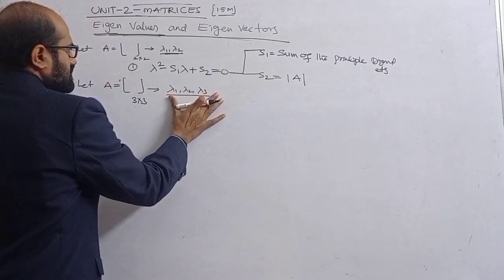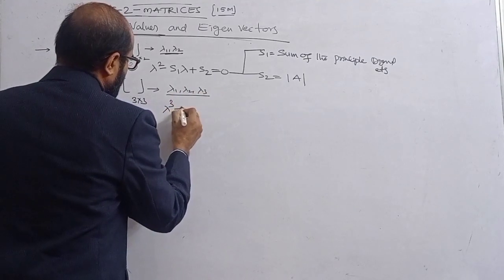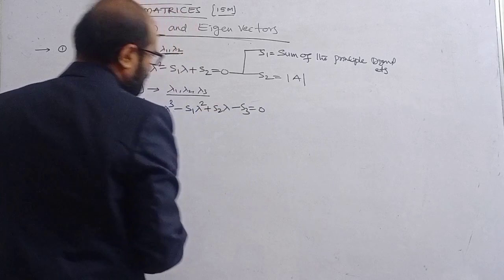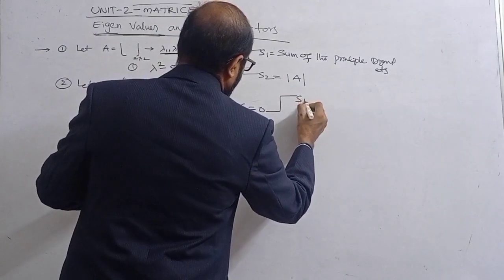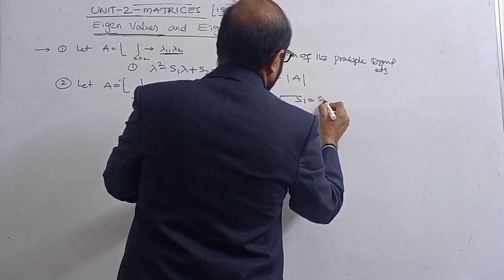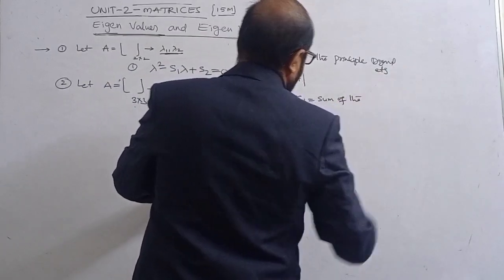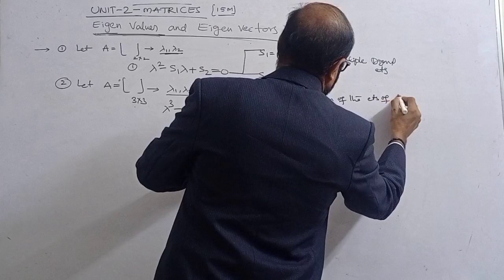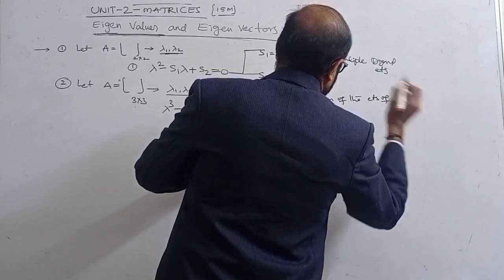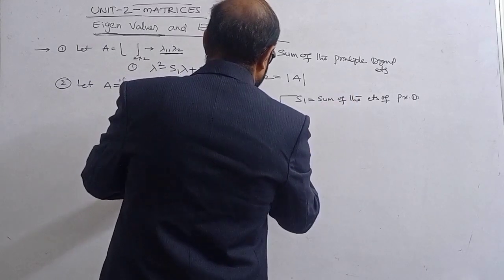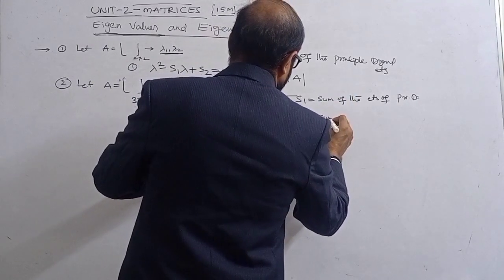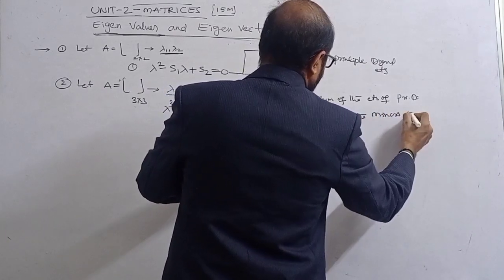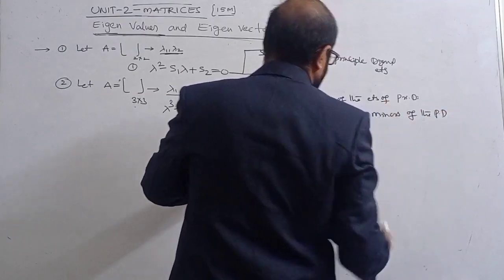We can obtain these eigenvalues by using this formula: lambda cube minus s1 lambda square plus s2 lambda minus s3 equal to 0, where s1 is the sum of the elements of the principal diagonal, and S2 is the sum of the minors of the principal diagonal.